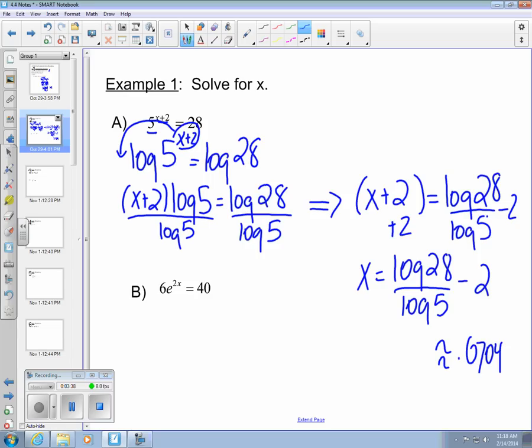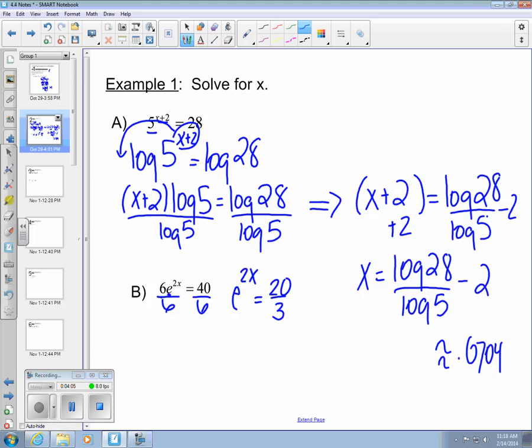All right, so our next example, we have 6e to the 2x equals 40. Please notice that we have our base e to the 2x, but we don't have an isolated exponential expression. We need to divide by 6 to get the expression by itself. So we have e to the 2x is equal to 20 over 3.